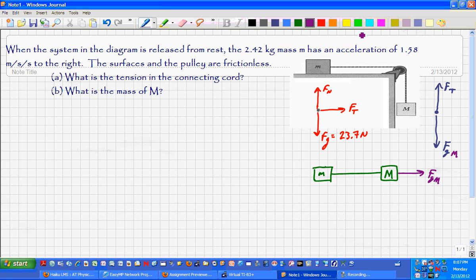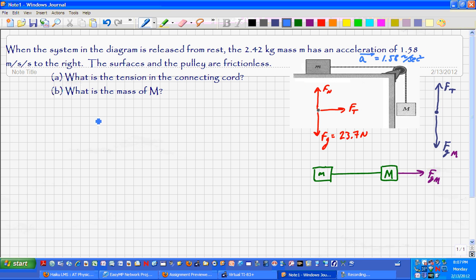We know that this whole thing is accelerating to the right, so acceleration is to the right at 1.58 meters per second squared. I guess what I could take a look at is an individual object, this force diagram here, because we do know that it's accelerating in that direction.